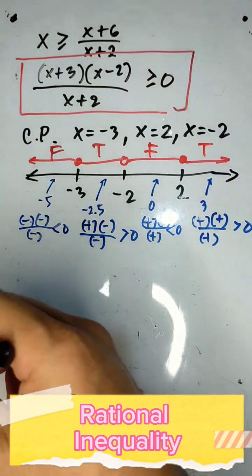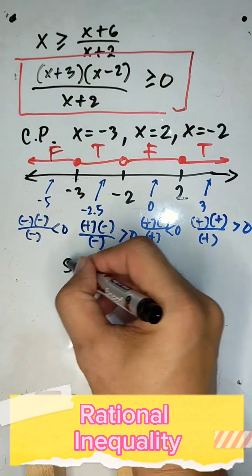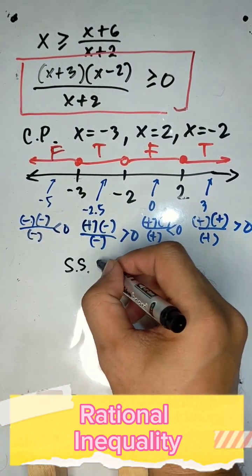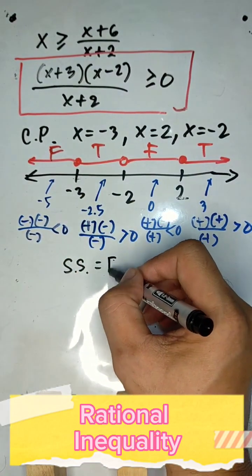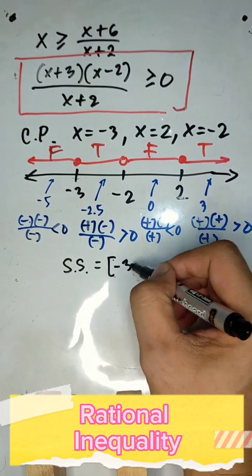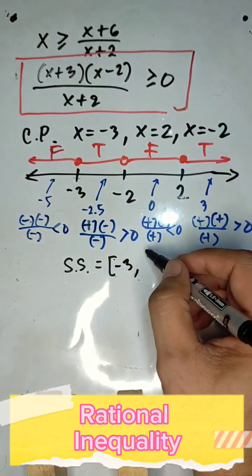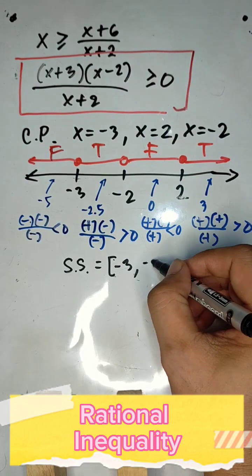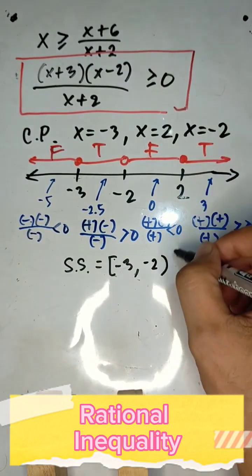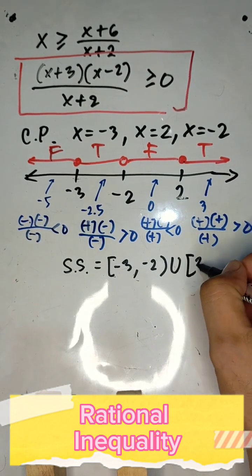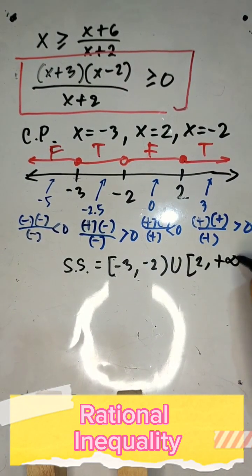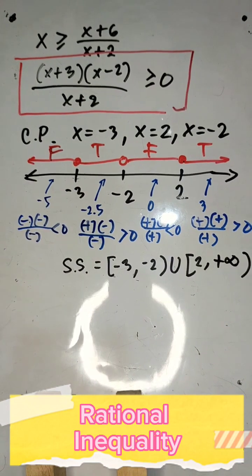Okay, so the solution set now is the interval that's closed, that's included, negative 3, then open at negative 2. Union, from 2 to positive infinity. All right.